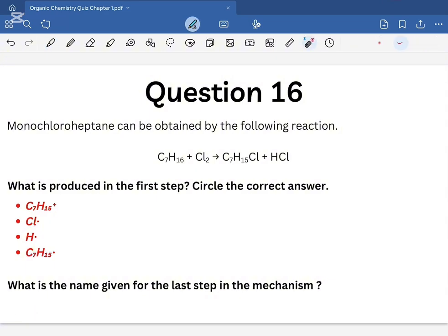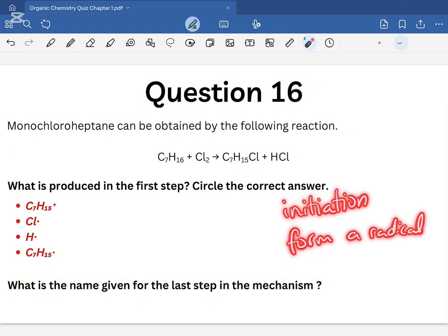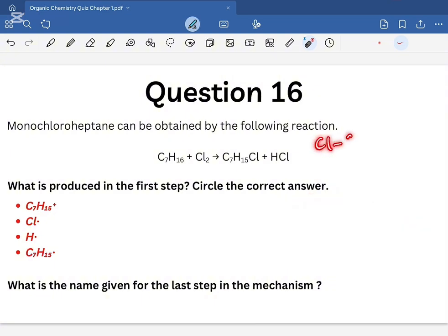So the next question was, what is produced in the first step? Now in a free radical substitution reaction, the first step is initiation, where we are going to form a radical from the homolytic fission. So first we're going to have the Cl and the Cl, with the bond splitting equally, and the electrons going back to each Cl.